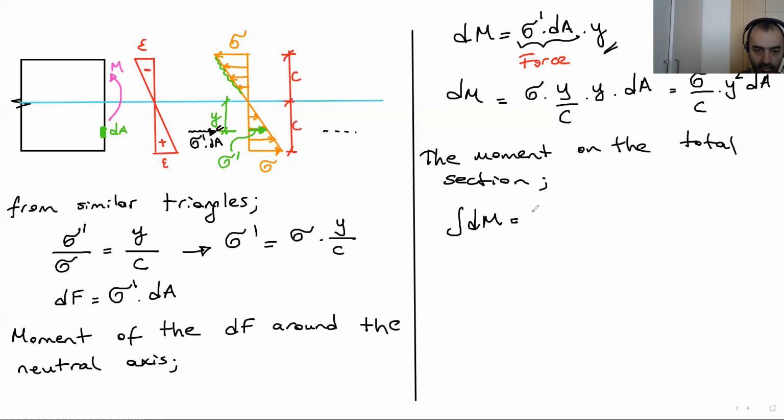This is M, so sigma over c, which is a constant value, we take it out, times the integral of y squared dA.